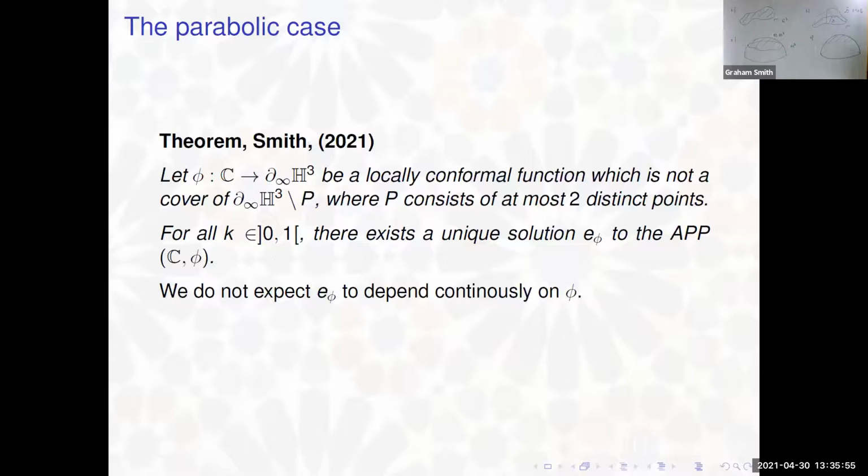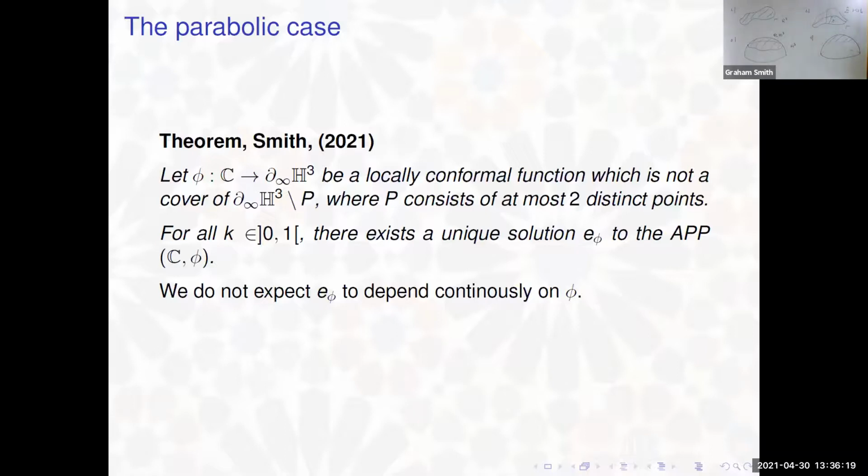So this means that this is a complete solution to Francois' asymptotic Plateau problem, because as we already showed, the case where the image of phi is a cover of the complement of 2 points, those are exactly the cases that Francois addressed where he showed that there are no solutions.